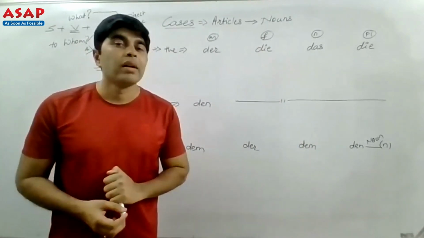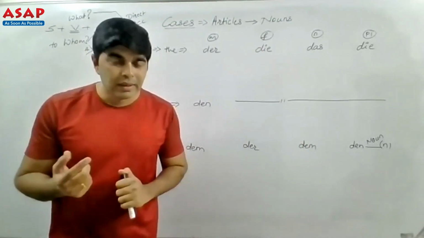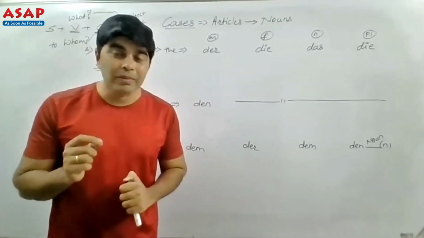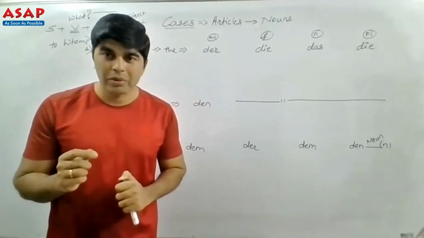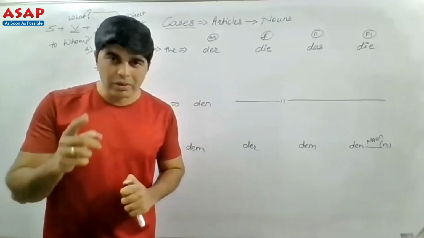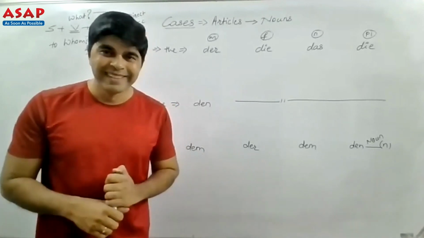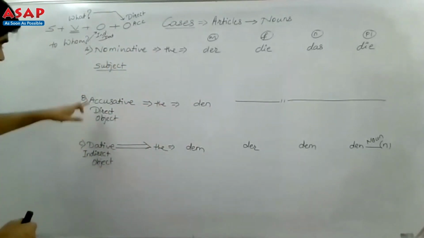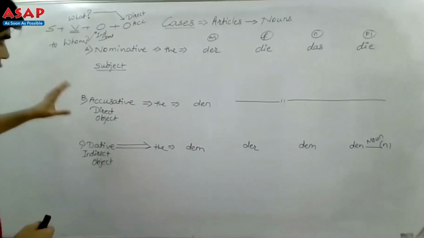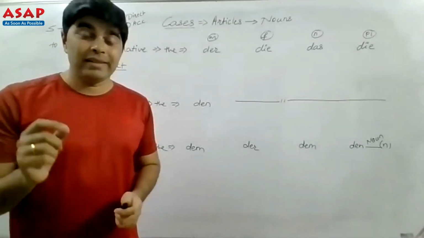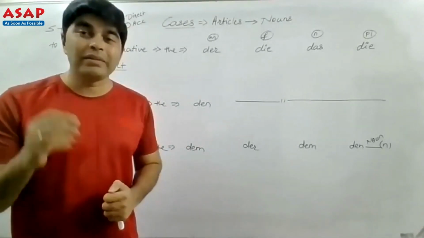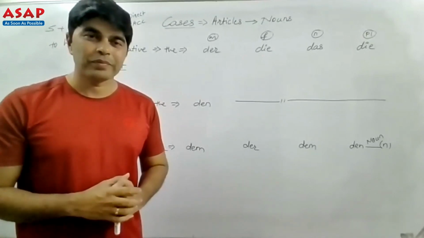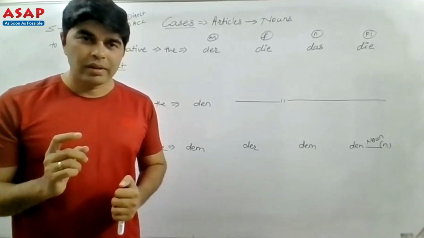Direct object, accusative; indirect object, dative. How do you decide which is the direct object and which is the indirect object? Through the verb, by asking questions with the help of the verb.